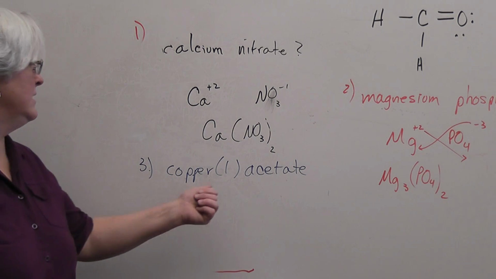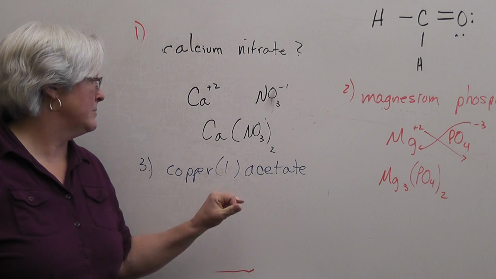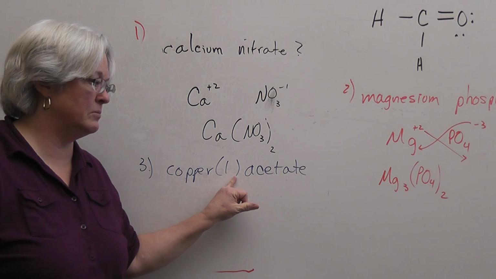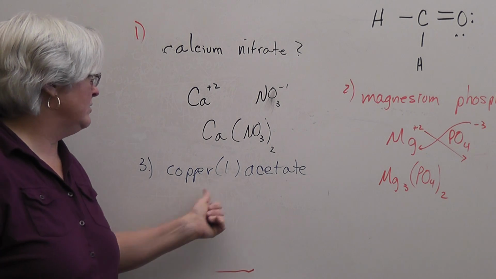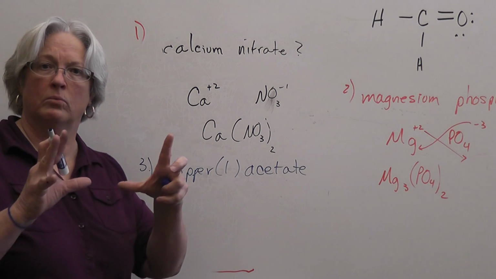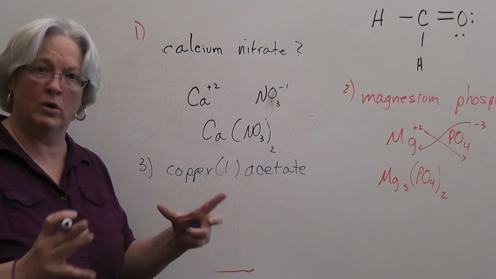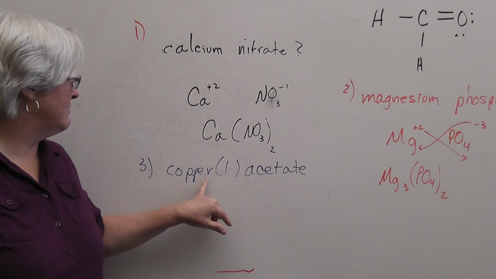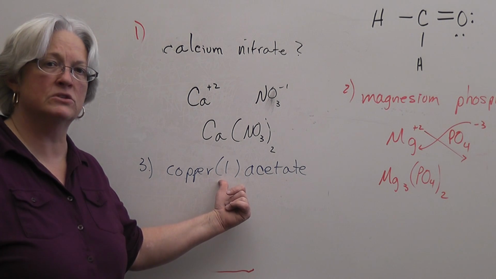Now, the name for this just flew right out of my mind, but when an atom can exist in nature in more than one state, they have isotopes. This is copper 1. This tells you what its charge is.